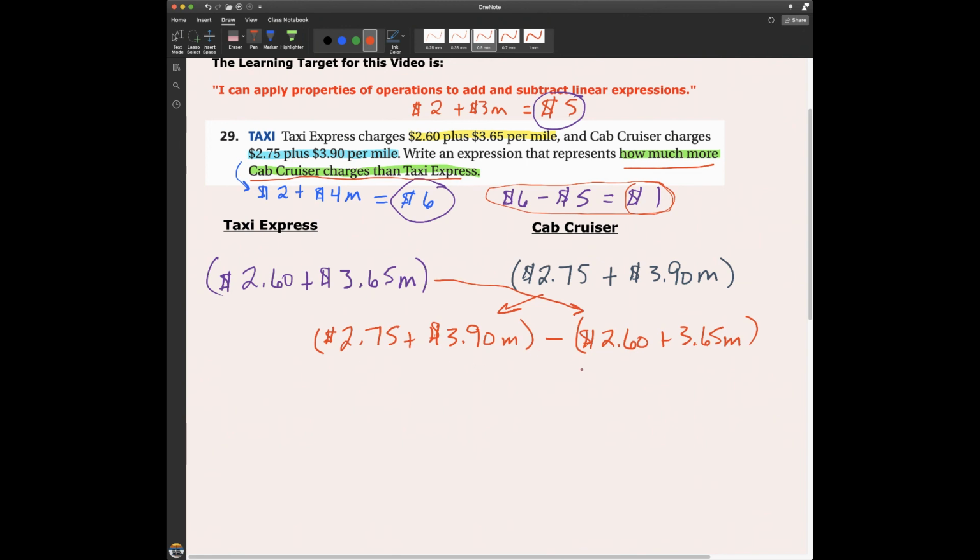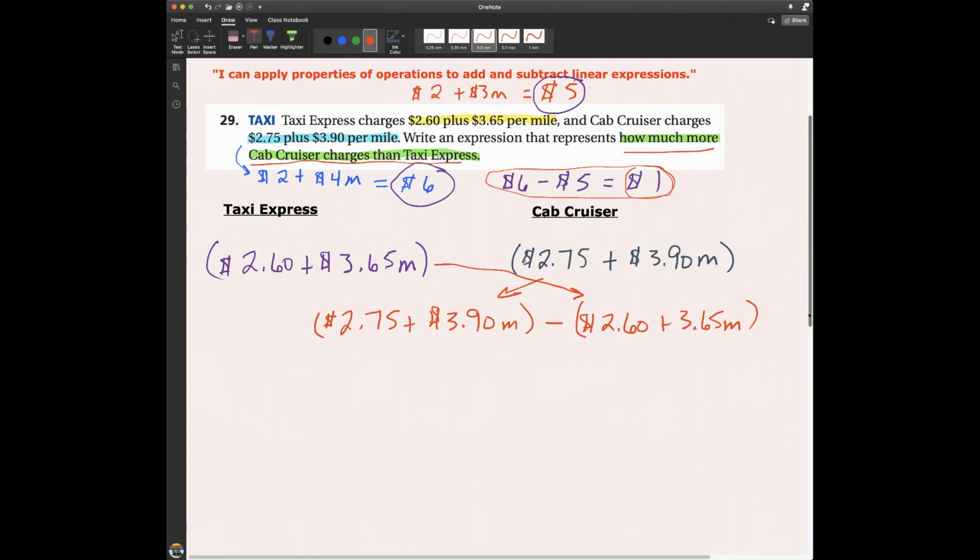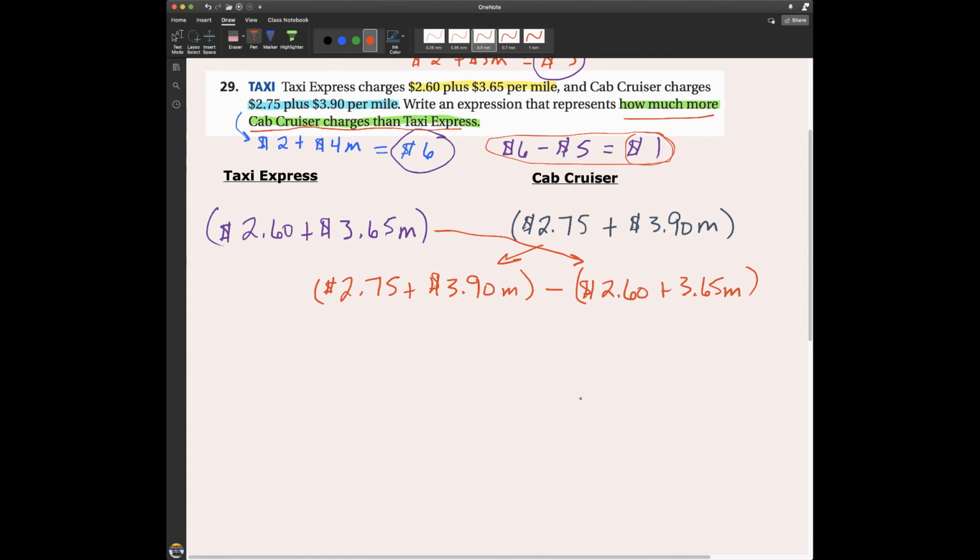All right, well, this is an expression, and we've been simplifying expressions in this chapter so far, so let's go ahead, and this is a subtraction problem. Can I drop the parentheses here in the first linear expression? I can, so this just becomes $2.75 plus $3.90 times m, which is the number of miles. And I'm going to subtract.